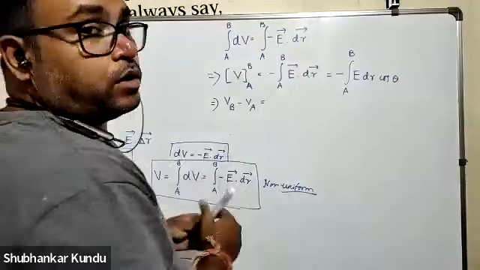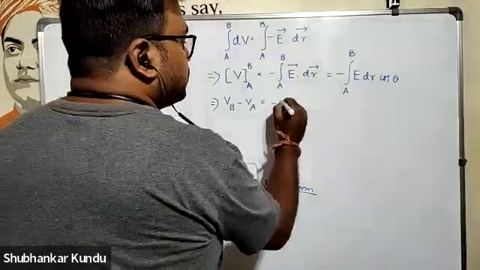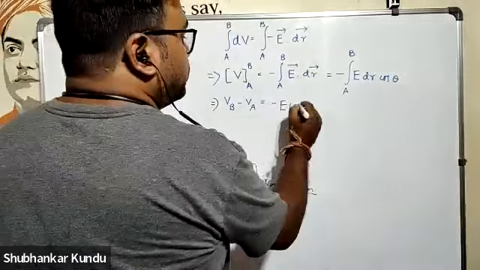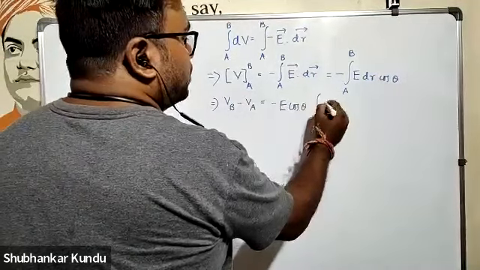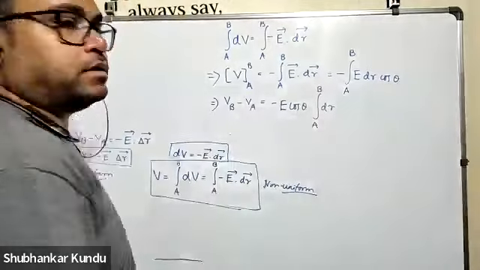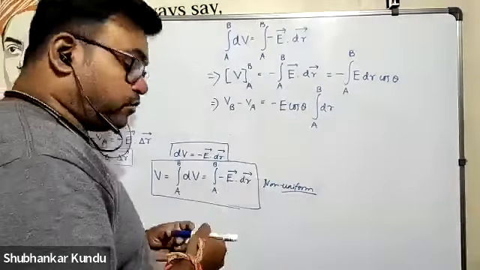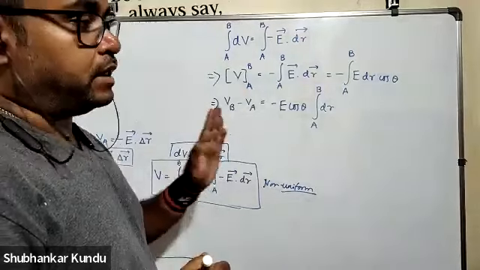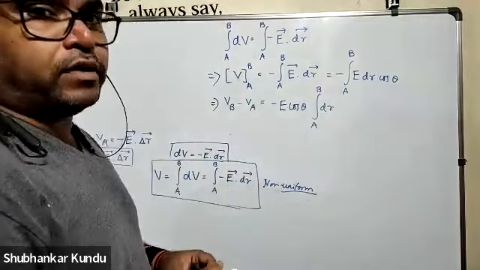So E will come out. Cos theta is also a constant, so it will come out. And what will we have in dr? What will the integration of dr give us?